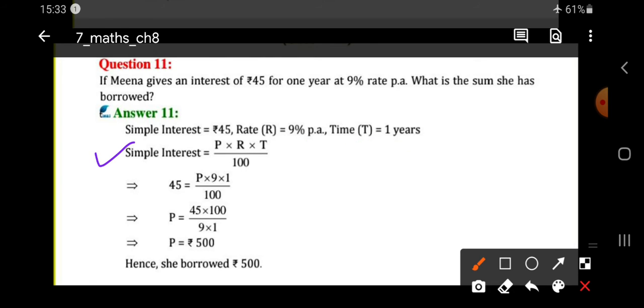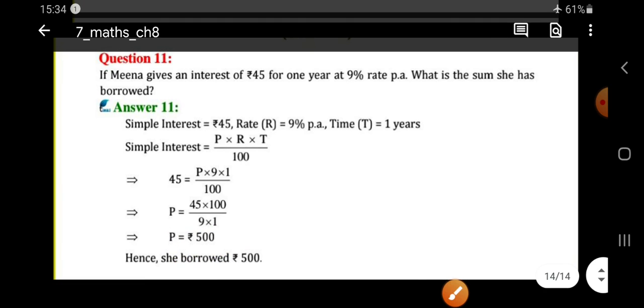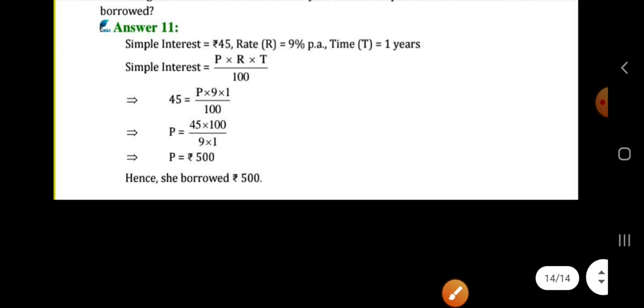So simple interest is equal to PRT by 100. Simple interest is 45 rupees, P as it is, R is equal to 9, T is equal to 1, divided by 100. Make P the subject. So P is equal to 45 into 100 divided by 9 into 1. So P is equal to 500. So the amount she has borrowed is 500 rupees.